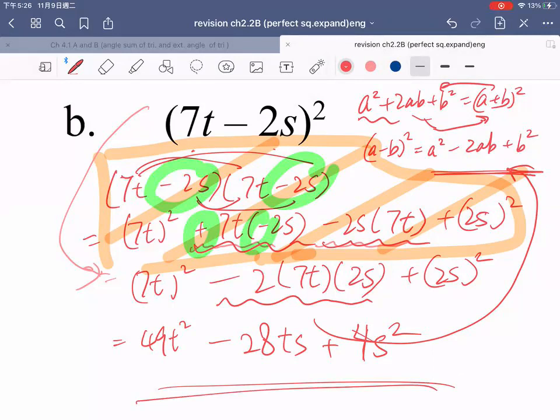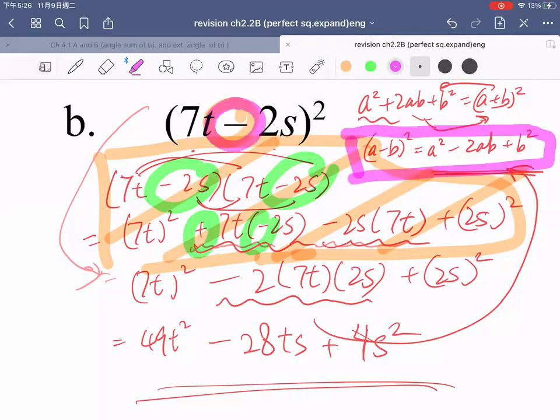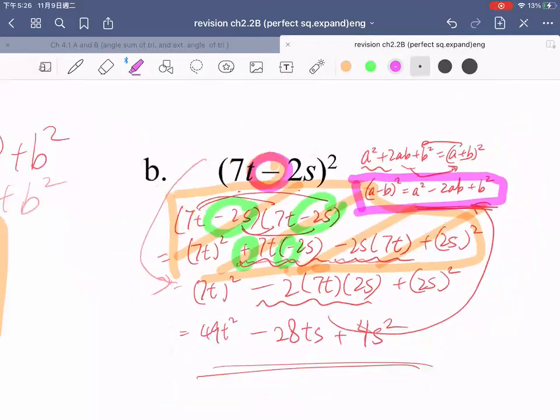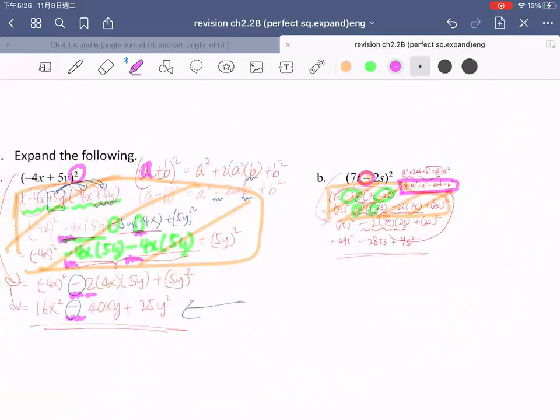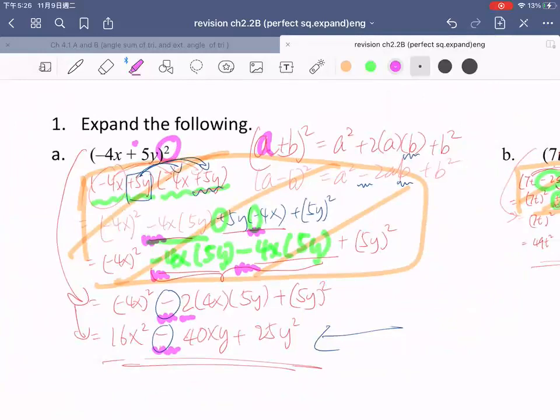So remember, if it is a negative sign, you can use this formula, or of course you can expand it if you forgot. You just use the technique in form 1. Or if it is a positive sign, you can have this formula by using this formula.